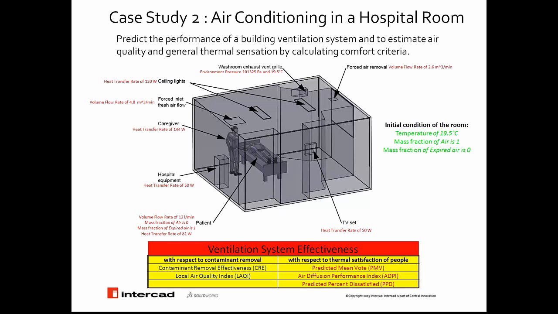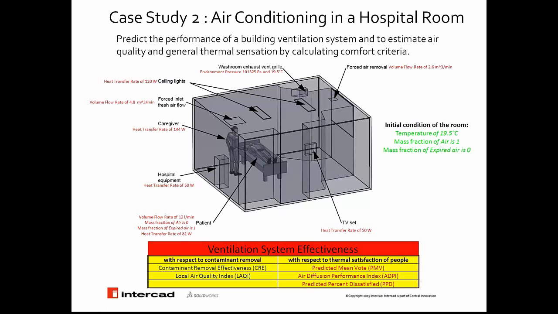Now have a closer look at the boundary conditions. You can see the initial condition of the room temperature is 19.5. It's full of pure air, so the mass fraction of air is 1, and the mass fraction of the expired air is 0.